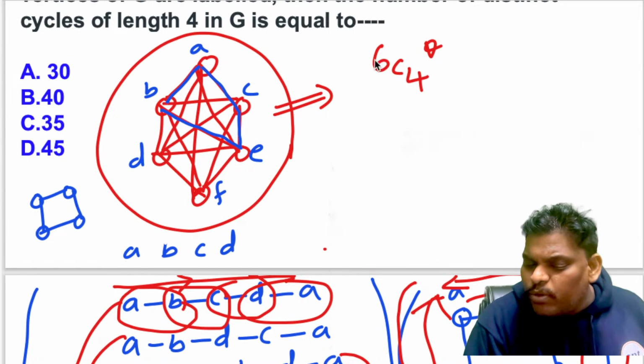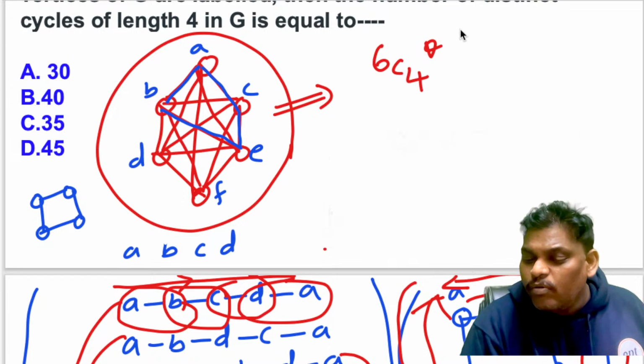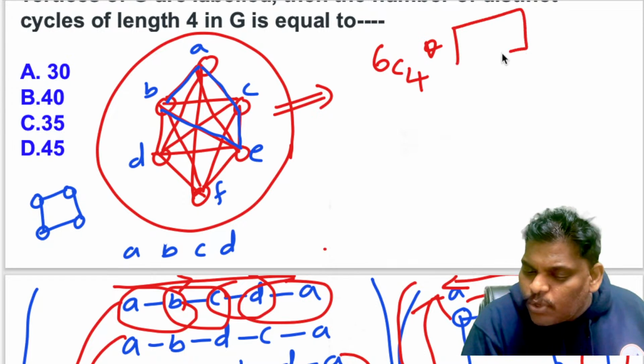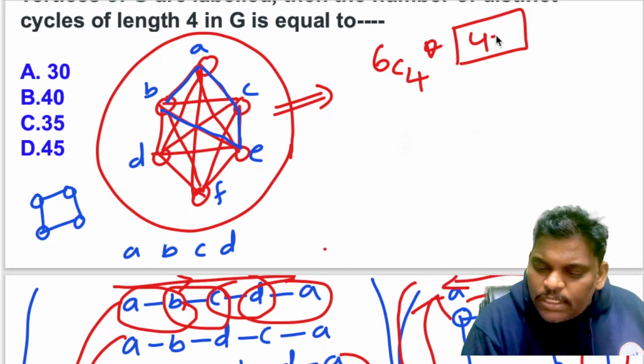Out of 6 vertices, we select 4, that is 6C4. Now with the 4 vertices, how many cycles are possible?